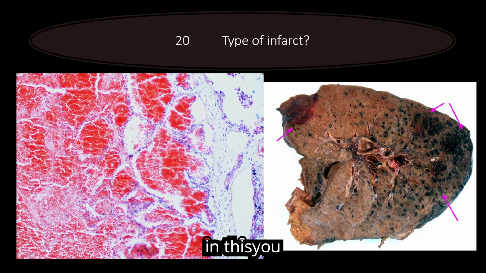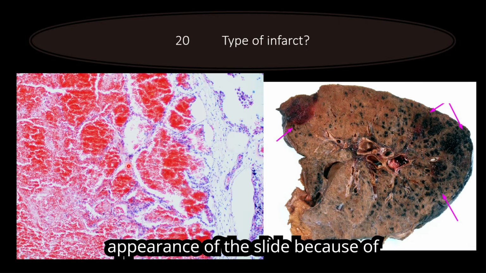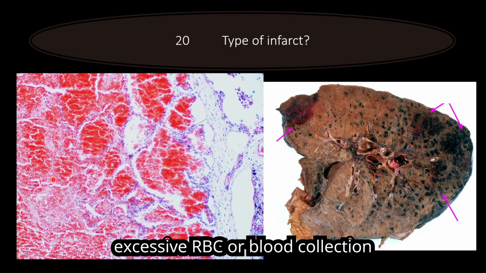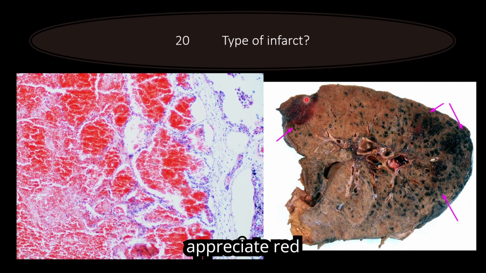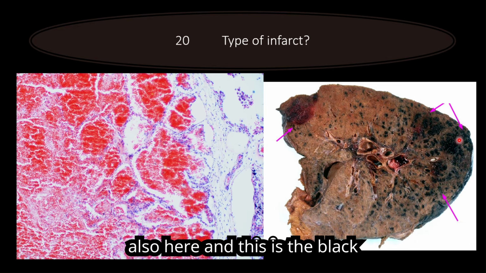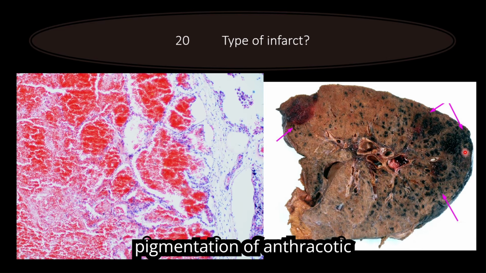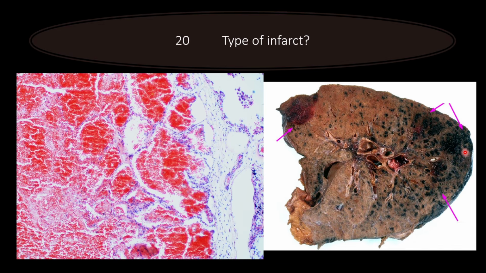In this, you can see a red colored appearance of the slide because of excessive RBCs or blood collection. So this is a red infarct. Here you can appreciate a red colored area involving the lung, and here also, and this is the black pigmentation of anthracotic pigment.